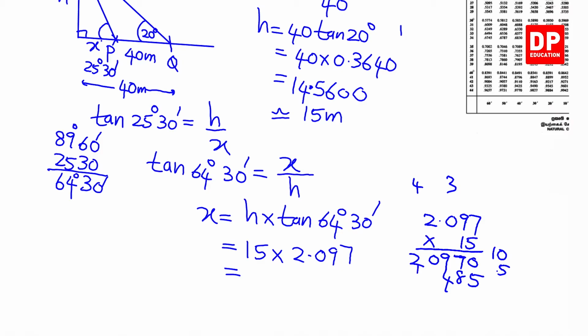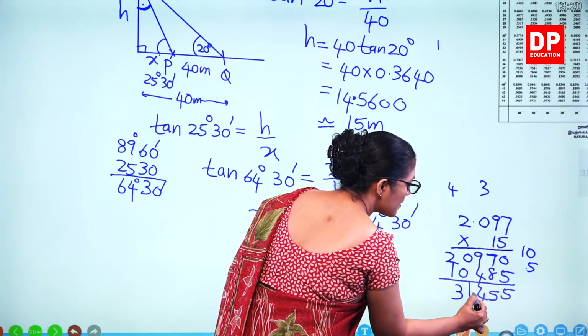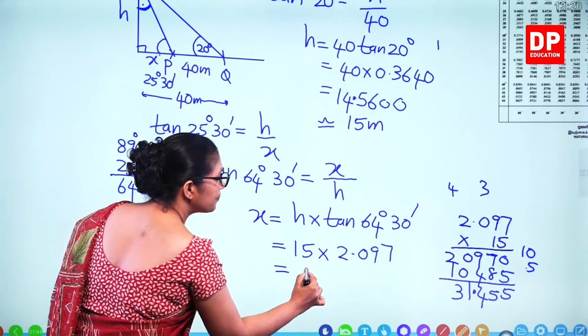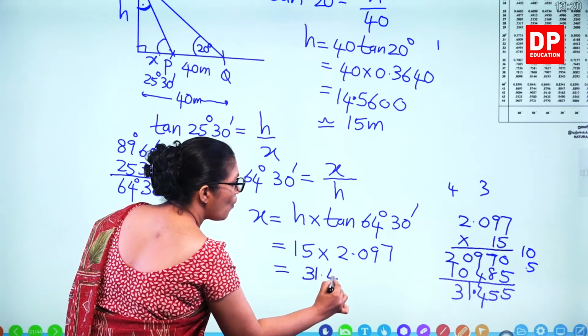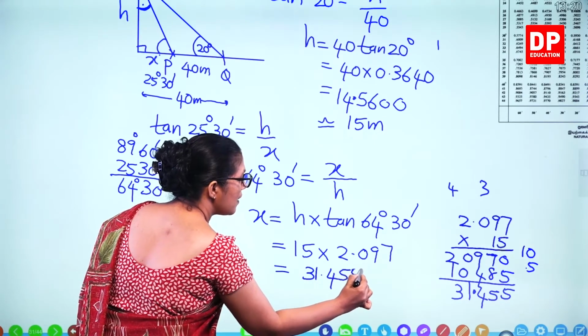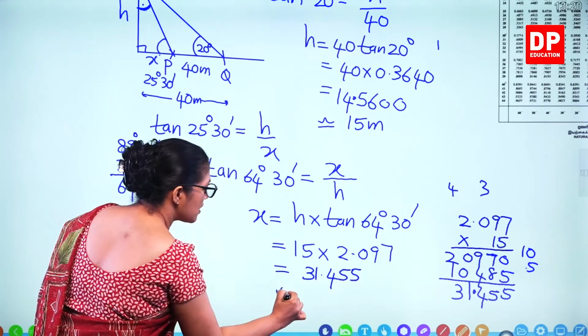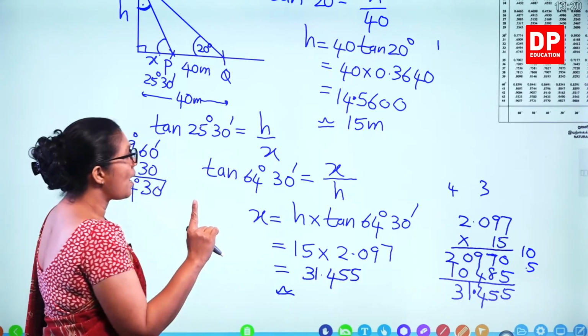And 5 times 2, 10. So you get this one. Keep 3 decimal places. So 31.455 meters. So we'll round it to the nearest whole number.